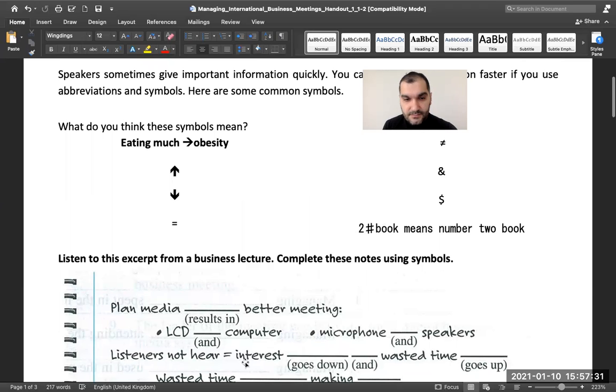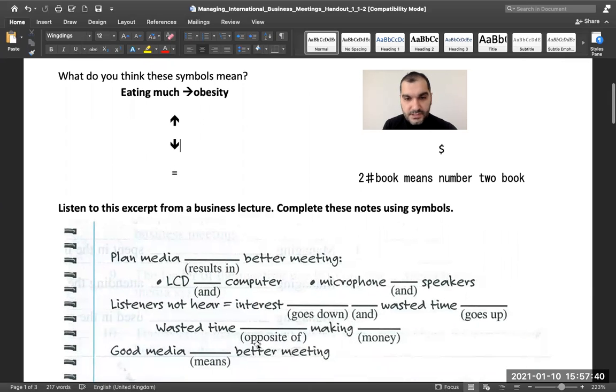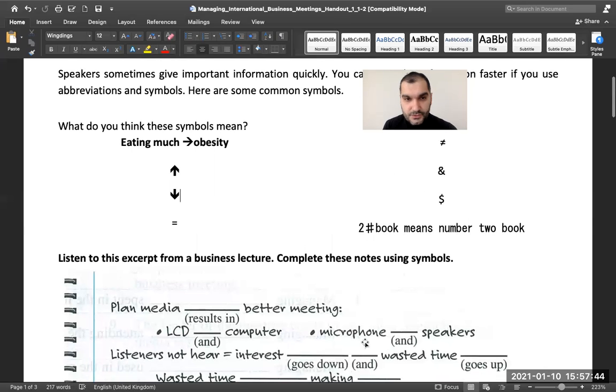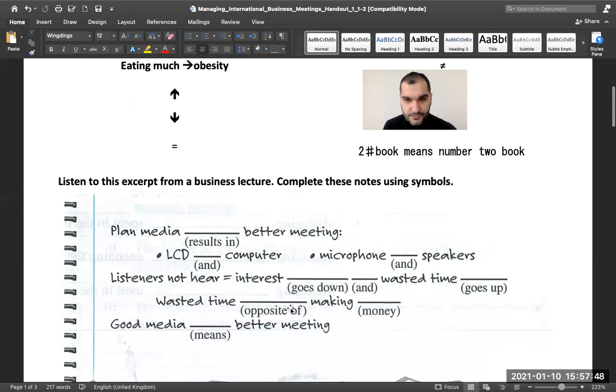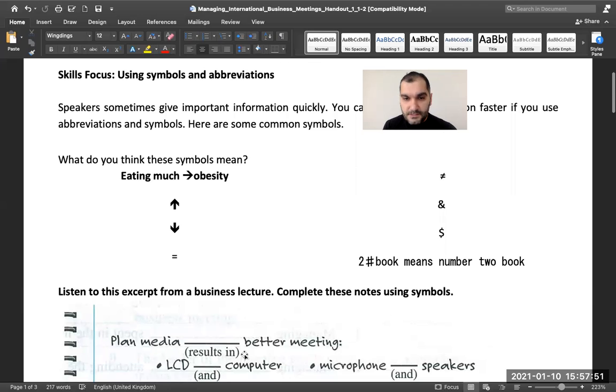And wasted time, if listeners can hear, the time wasted goes up, so it should be this arrow. And wasted time is the opposite of making money. So the opposite of means not equals, so here for opposite of, you can use this symbol.